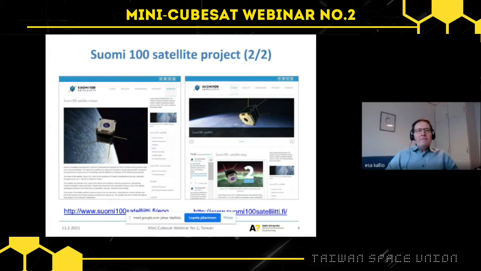Maybe I will start by saying where the Suomi cubesat name comes from. Suomi is actually Finland in the Finnish language. And the SATA doesn't mean that we have 100 cube satellites. We only have one small 1-unit cube satellite. But SATA means that it is a jubilee satellite to celebrate 100-year Finland.